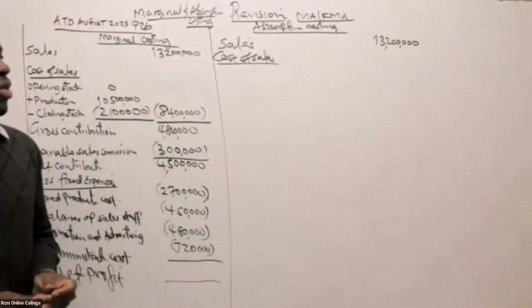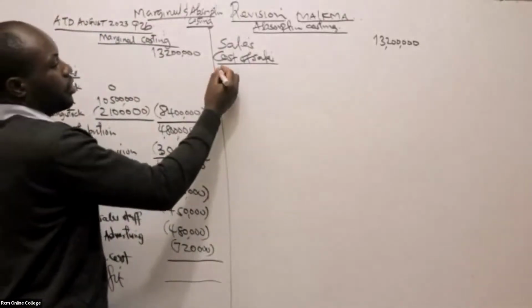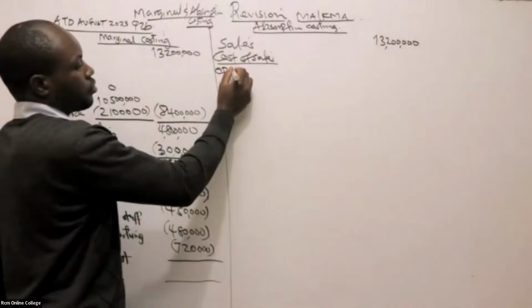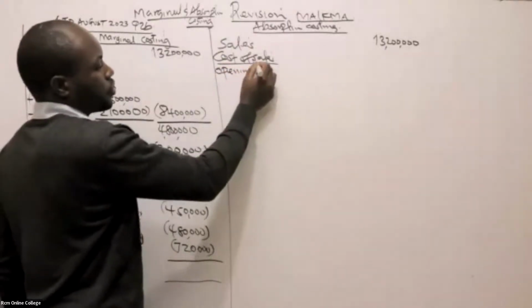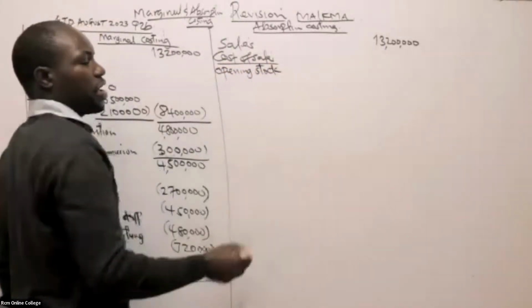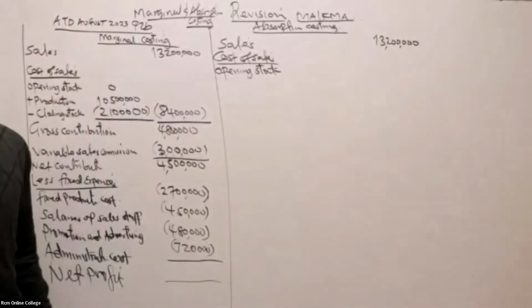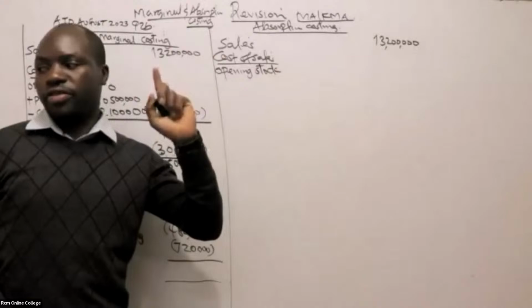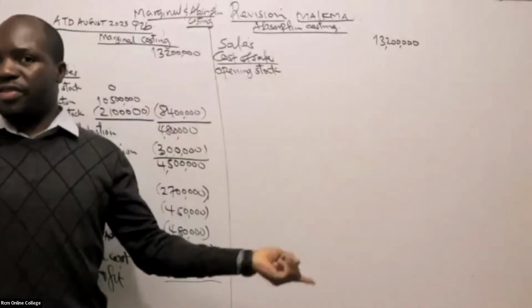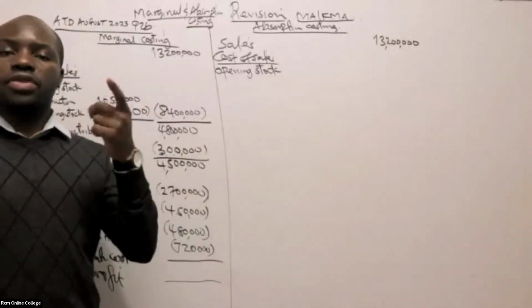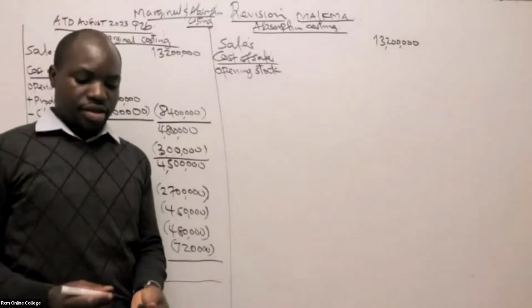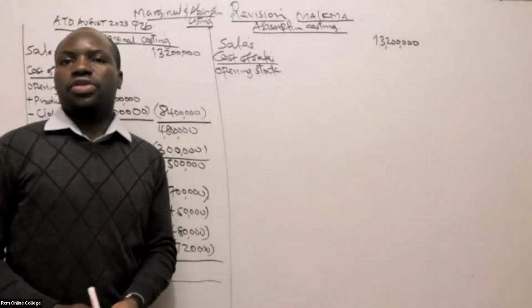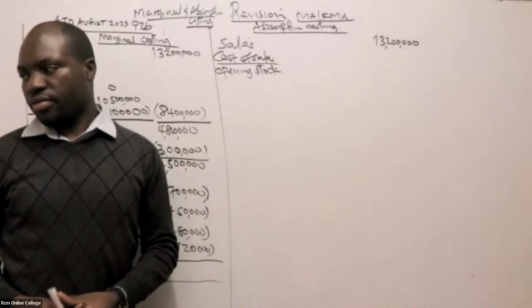So under cost of sales, let's bring in the opening stock. Our opening stock here is 0 units. If we had opening stock, we should have the cost per unit of the opening stock. If that is not given, we use the production cost as the default cost of the opening stock.